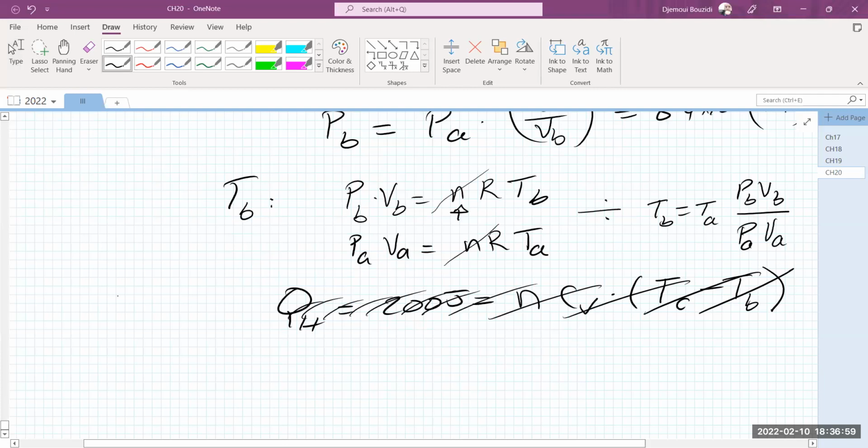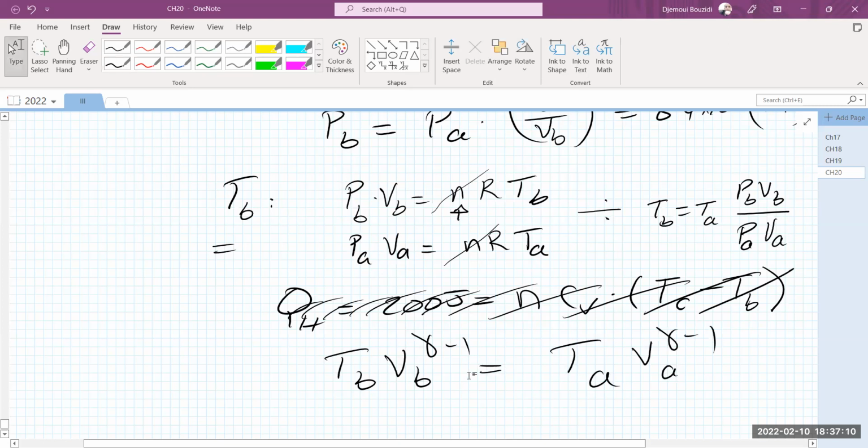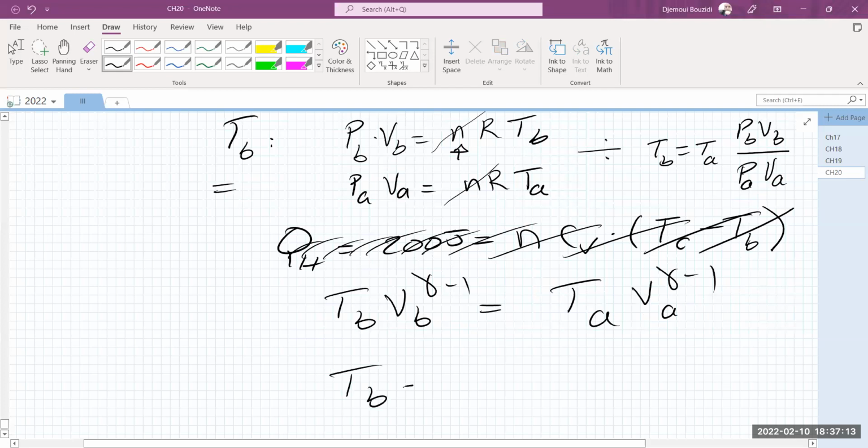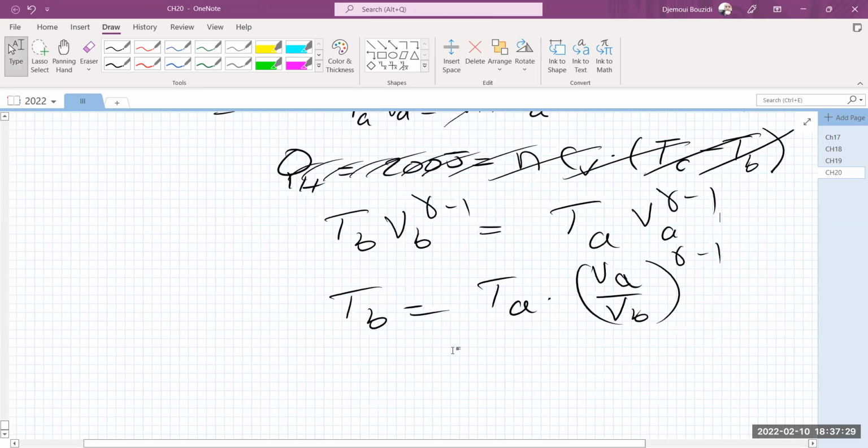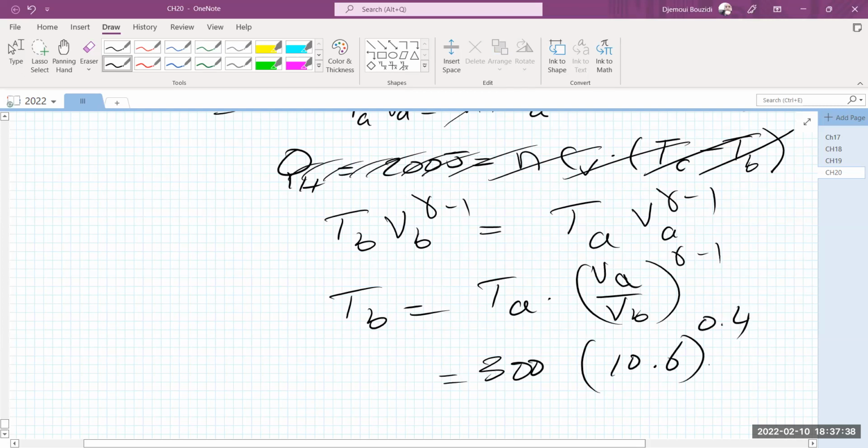So here, there is another method of finding TB, and that is using this relationship. TB VB to the power gamma minus 1 is the same as TA times VA to the power gamma minus 1. And this gives you right away TB as a function of TA, which is the same thing as that one, except now you have VA over VB to the power gamma minus 1. And that is 10.6 to the power gamma minus 1, which is 0.4, times TA. So imagine you have done that. In other words, this temperature is 300 times 10.6 to the power 0.4, okay?